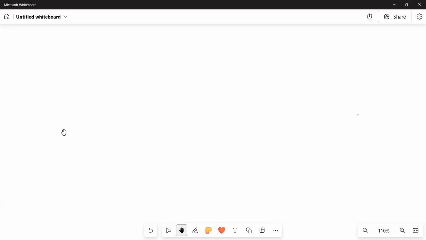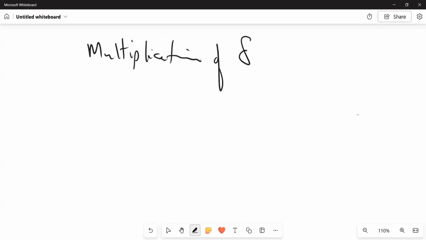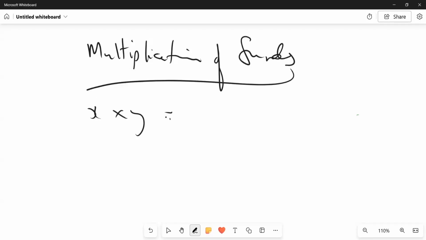So let's go to multiplication of surds now. Again, if you have x by y, you can multiply them regardless of whether they're different. The same is true of surds. If you have root 2 by root 2, you can multiply them.